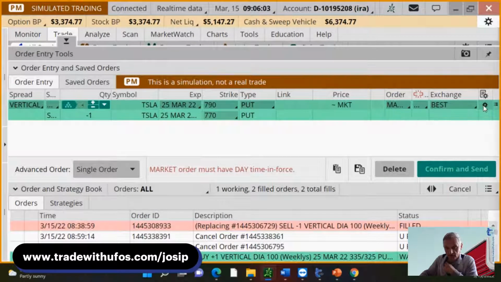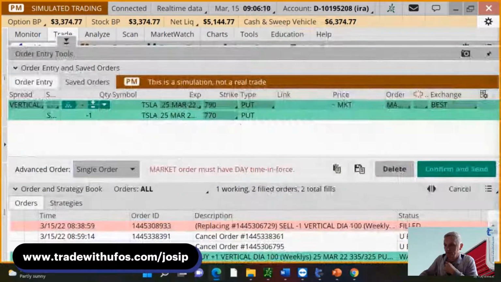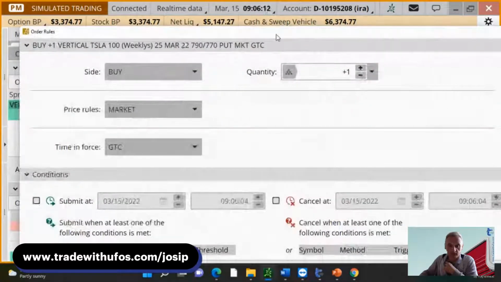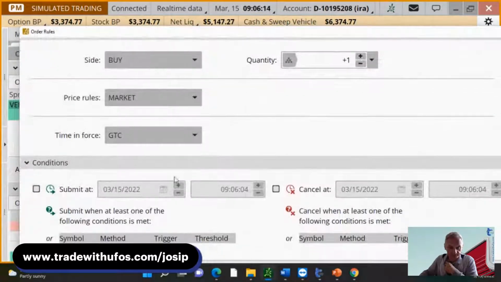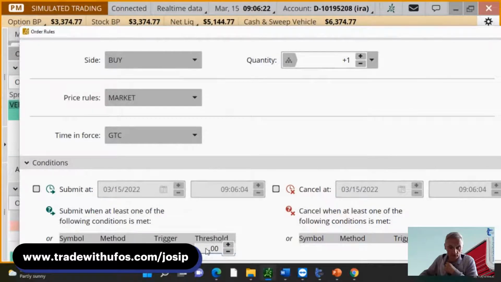So when the market closes, you can actually go ahead. Oops, sorry. I was supposed to put this in and have a condition here that when Tesla is at or above, and then you would type in the number that you want, right?